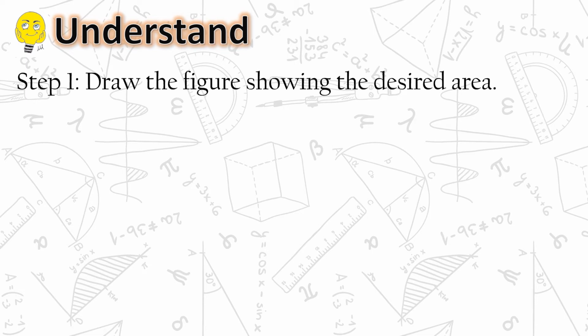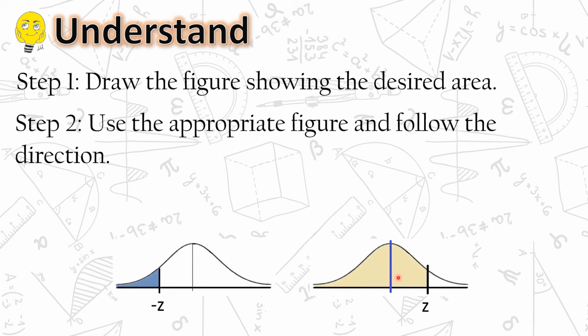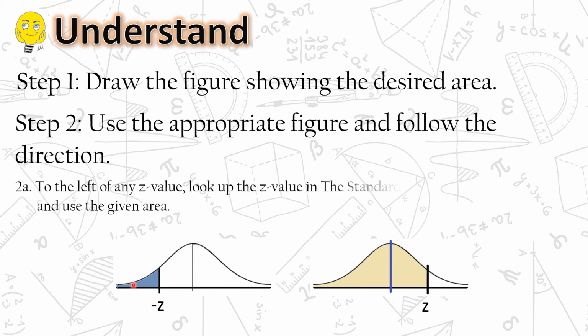First, draw the figure showing the desired area. Next, use the appropriate figure and follow the direction. To the left of any z-value, look up the z-value in the standard normal distribution table and use the given area.